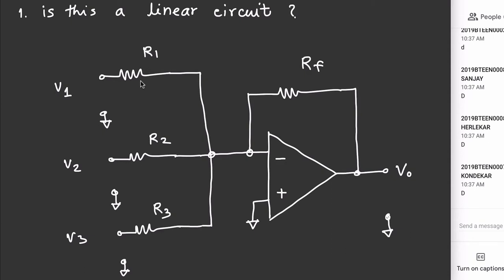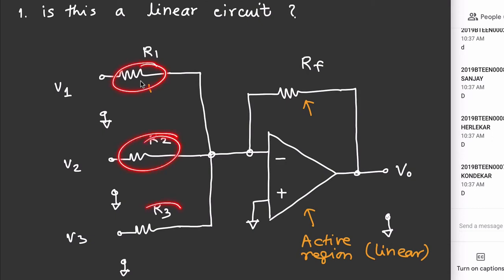First of all, the operational amplifier works in active region, so it means it works in linear region. Then all the components which we have are resistors, they themselves are linear. So this circuit can be linear if the op amp is in active region. So we conclude that this is a linear circuit.